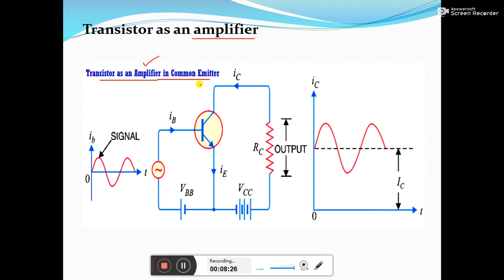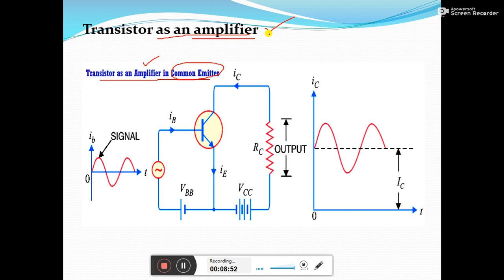the voltage gain, as well as the power gain are very high compared to CB configuration. Also, in common emitter, the input resistance is very high and the output resistance is very small. All these factors make the common emitter configuration suitable to take advantage of the transistor being used as an amplifier.